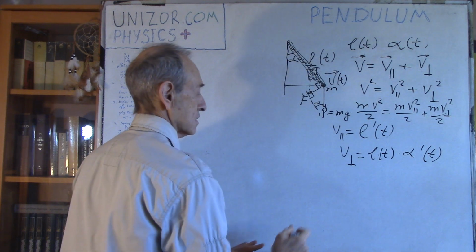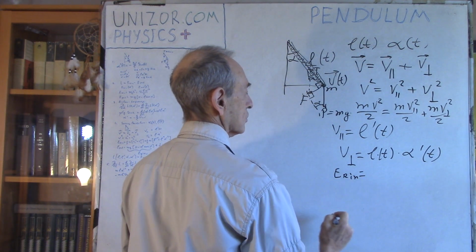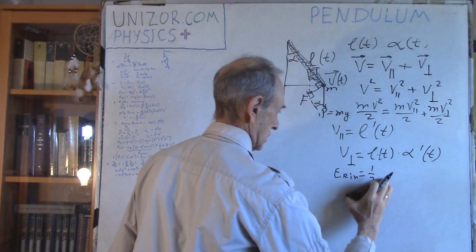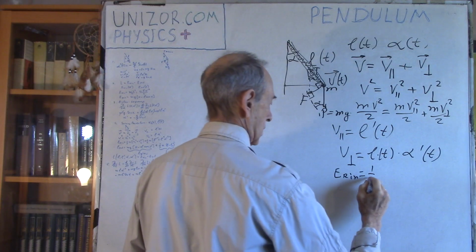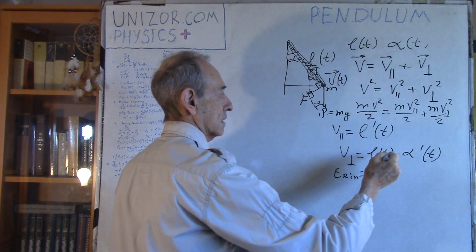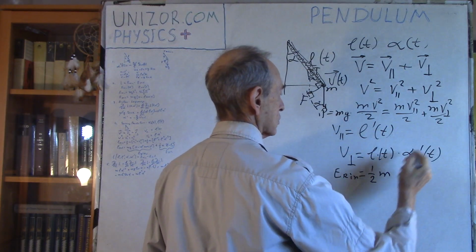Okay? So kinetic energy is equal to 1/2 mass and the sum of this v square, which is the sum of these two.